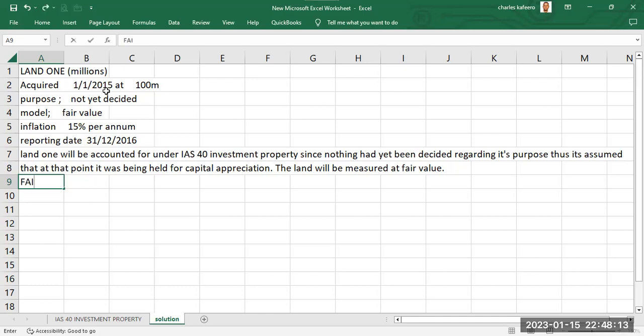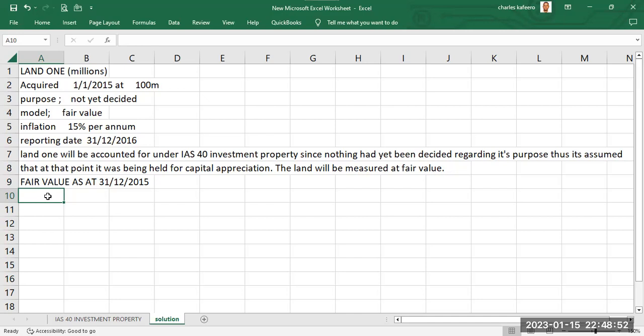Then we look for the fair value as at 31st December 2015. We first look for 2015, because they have told us the inflation rate is 15% per annum. It means from 1st January 2015 to 31st December 2015, that's 1 year. It means the asset is going to increase in value by 15%.